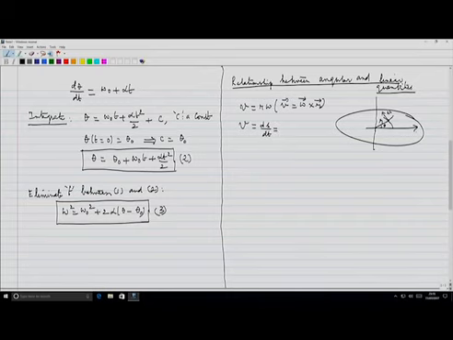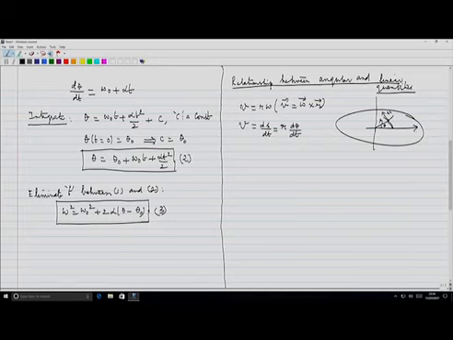We want to calculate ds, which is this arc length, which is nothing but r times d theta. Take the limit, therefore v is r into d theta by dt.